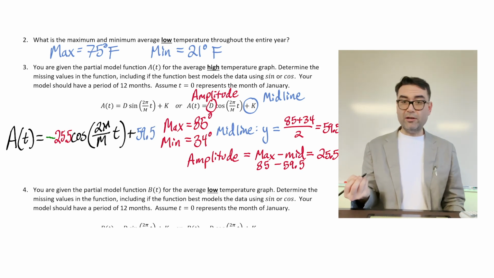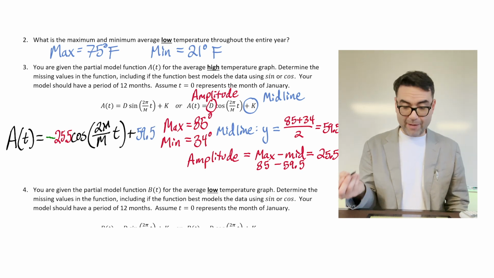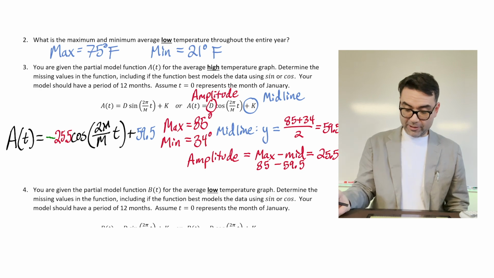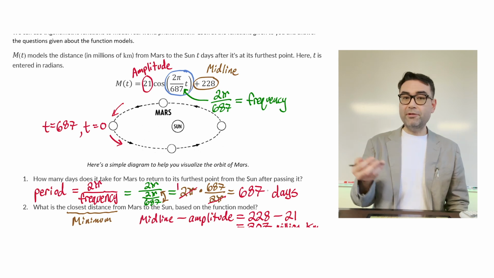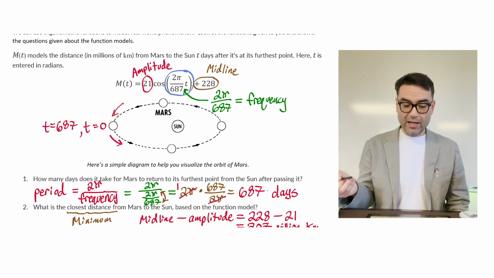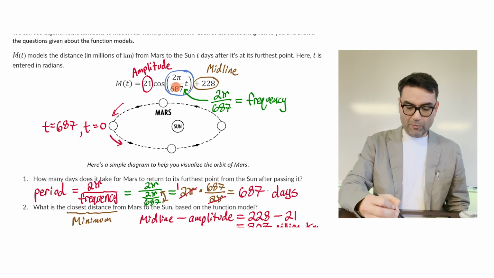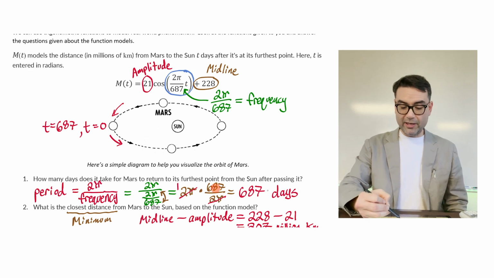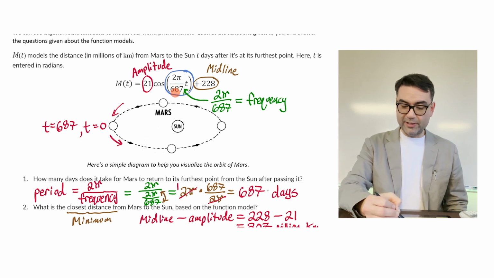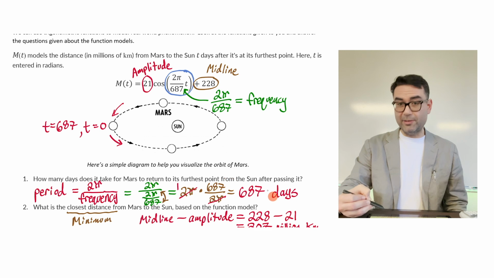So we almost have our model, except we have to talk about what m would represent. Going back to the previous example, we looked at the period of Mars rotating around the sun. If you notice in the model, we had this strange frequency, which was 2 pi over 687. Well, if you remember in the calculation we did, when you find the period, the 2 pi will cancel with the 2 pi in the frequency, and the bottom expression, the 687, actually just becomes the period of the function.